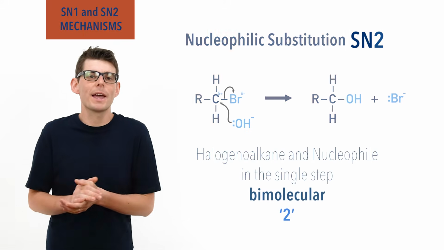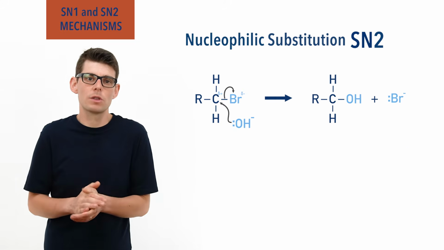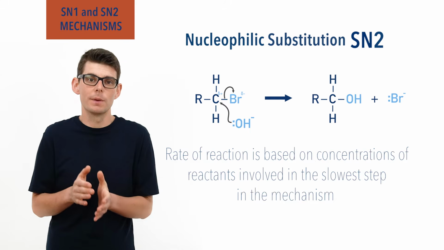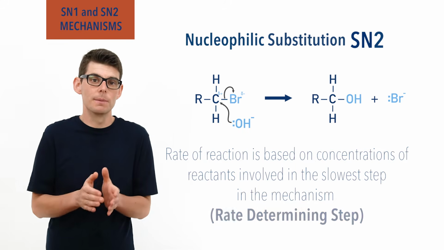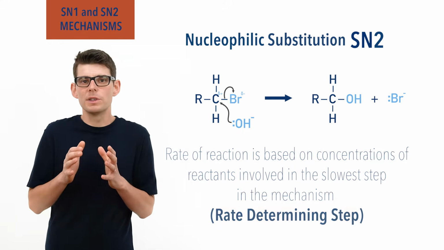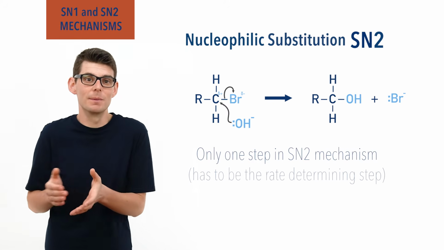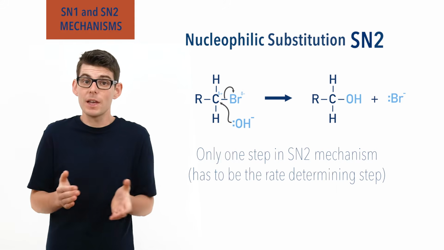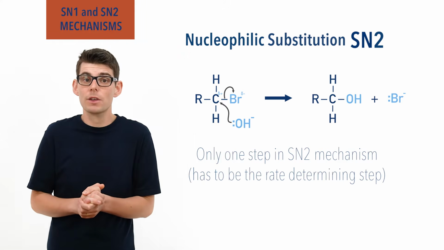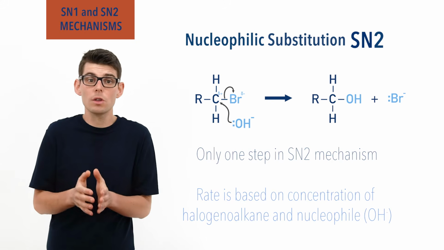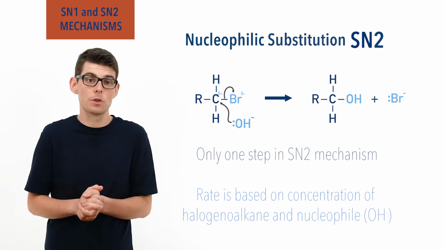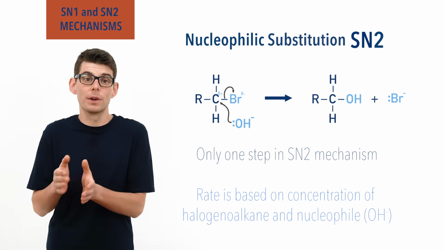The rate of any reaction is based on the concentrations of reactants involved in its slowest step, the rate determining step. As there is only one step in this mechanism, this has to be the rate determining step. Because of this, the rate of SN2 reactions is based on the concentration of the molecule undergoing a substitution and the nucleophile reacting.